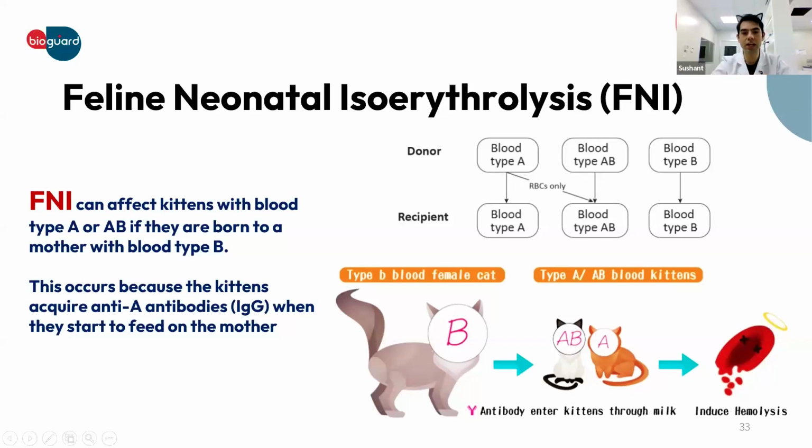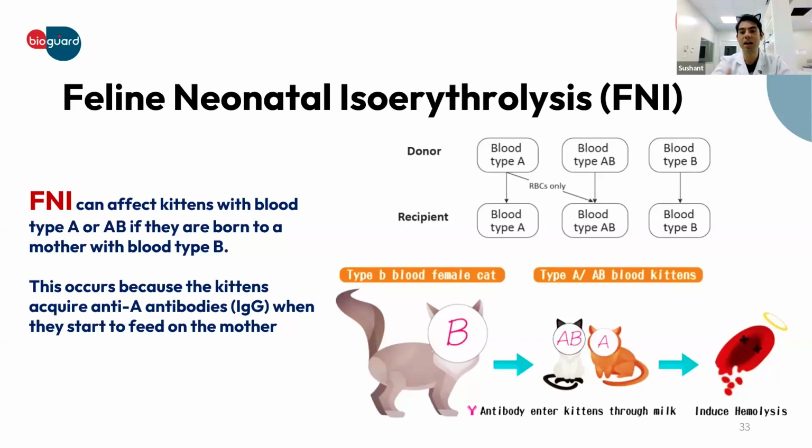This condition usually happens in kittens, where, for example, the kitten's blood group is AB or A, however the mother is B. Whenever the kitten starts to feed on the mother in the initial period, they start acquiring antibodies, absorbing molecules of IgG from the milk, which enter the kitten's blood. So indirectly, the kittens are getting the anti-A antibodies.